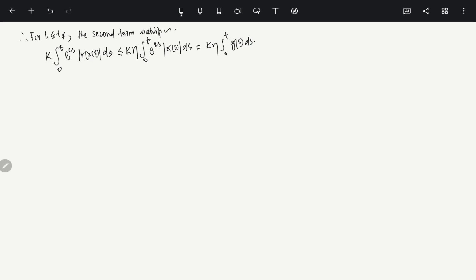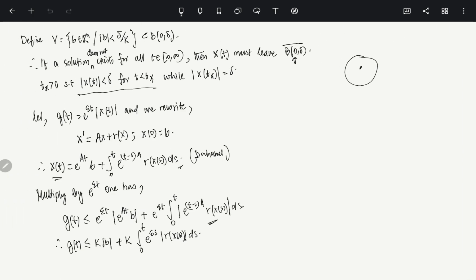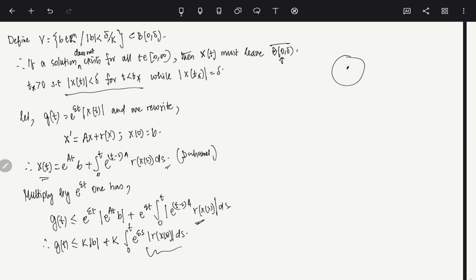I hope this is clear. Is it fine? I'm just writing this part there. Okay, see this particular second expression.